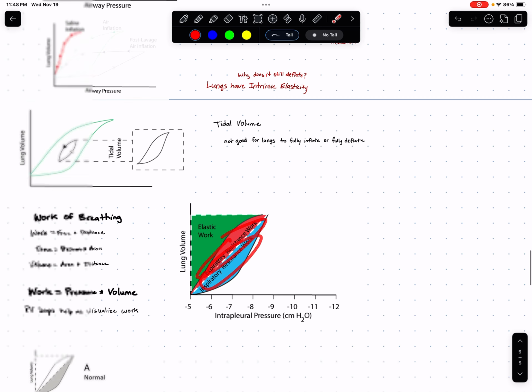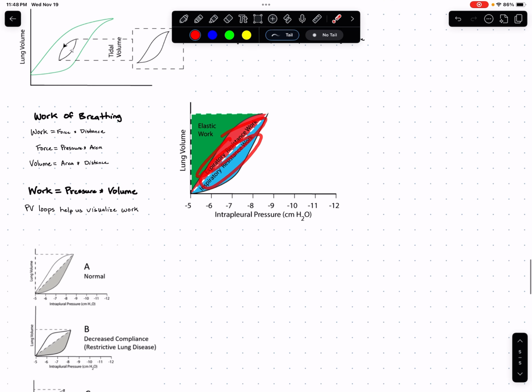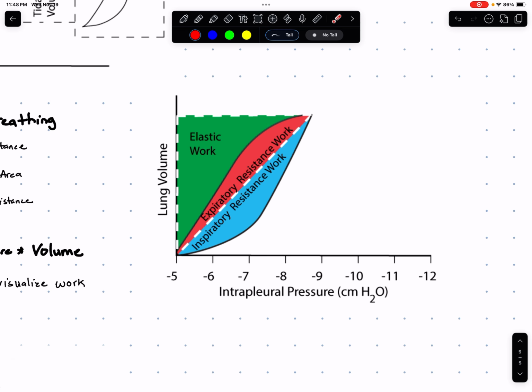But just a little reminder here. This elastic work is kind of a passive process. This is an active process. And so, inspiratory, there's a lot more work actually happening here. So this graph isn't actually indicating the amount of work, just where the work is.